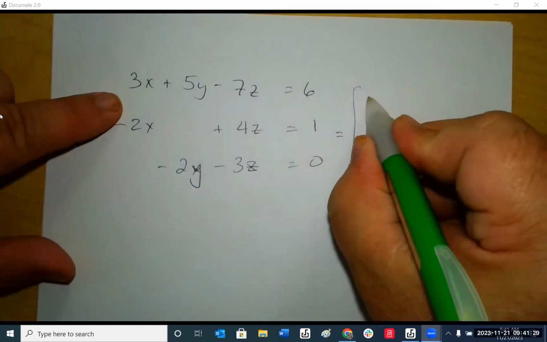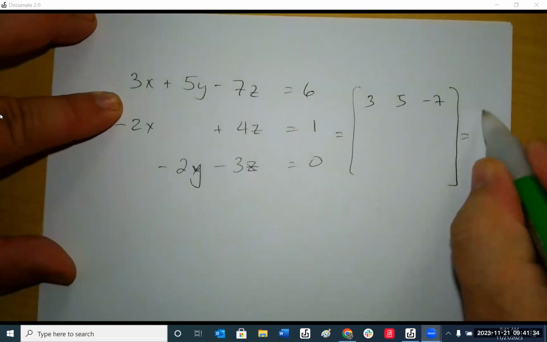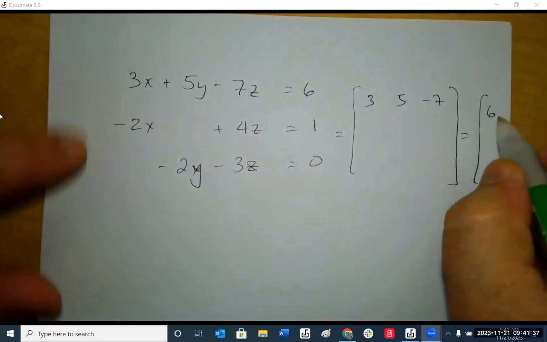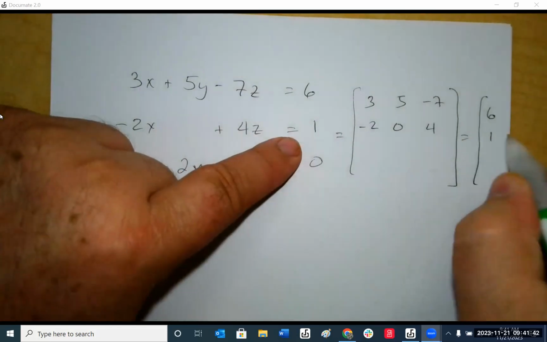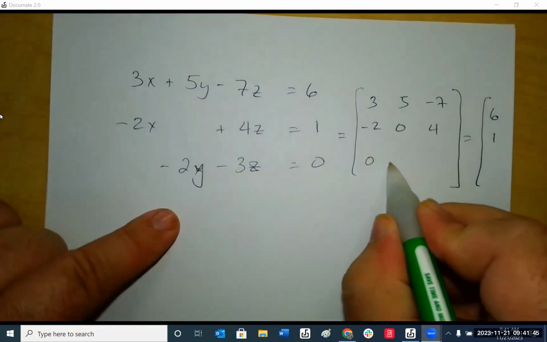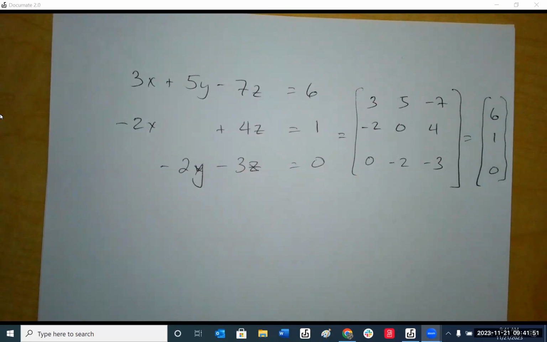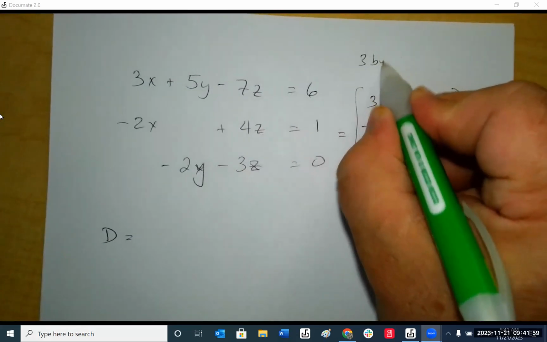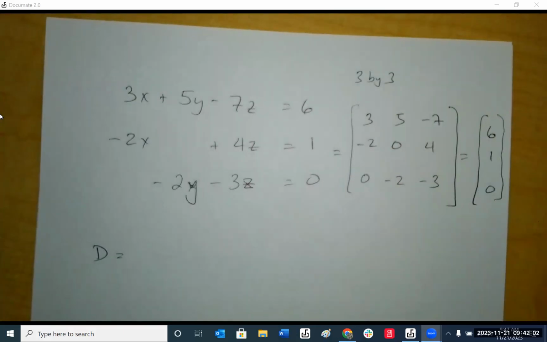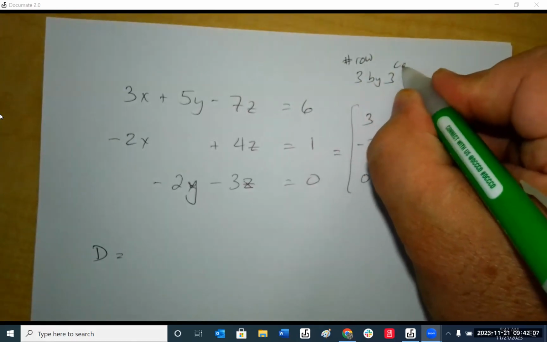So we have 3, 5, -7, 6. -2, there's no y, and a 4, 1. There's no x. These are called 3 by 3 matrices, because 3 rows, 3 columns. This is number of rows, and this is number of columns.